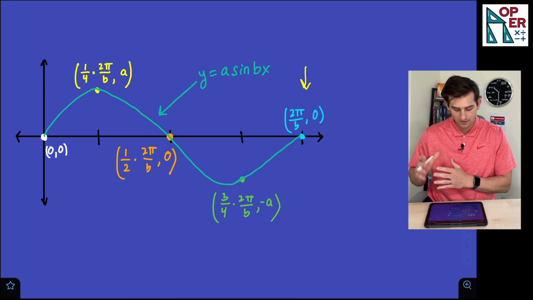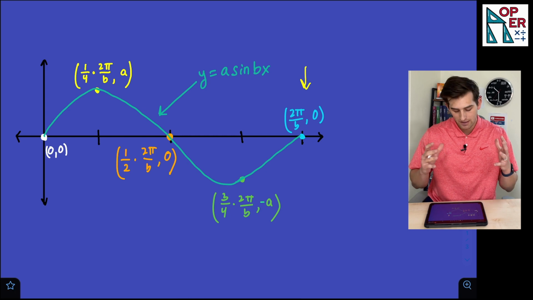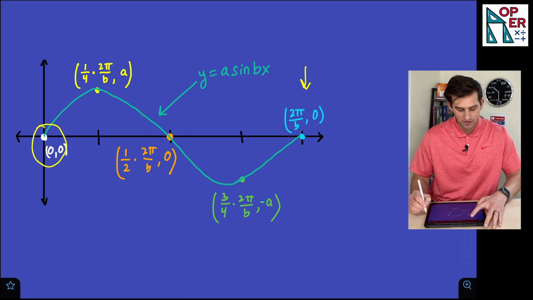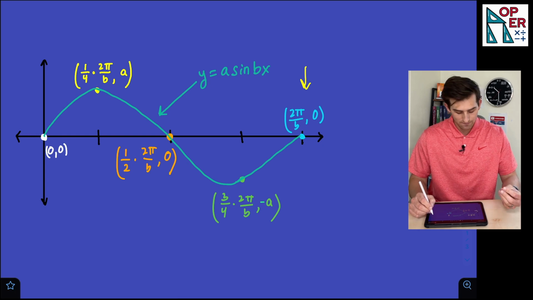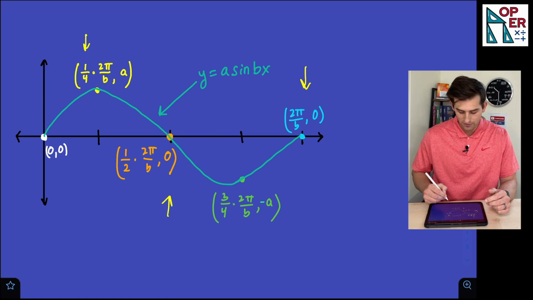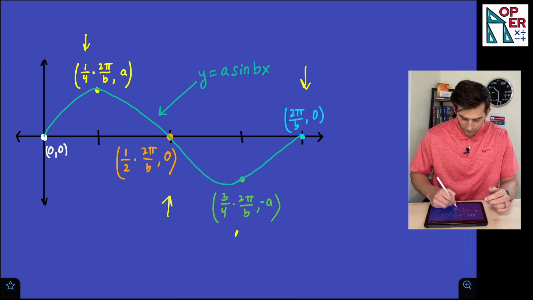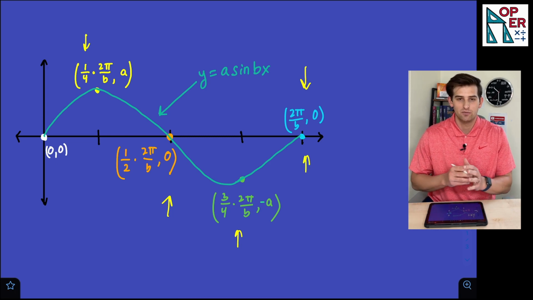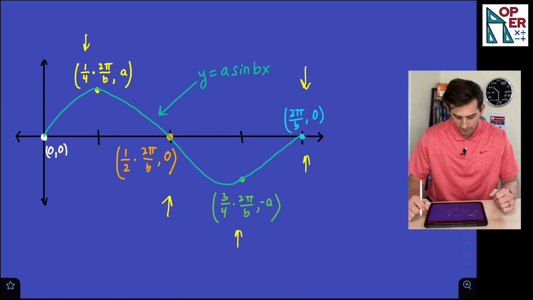So we have our period here at the very end, and we're going to split this into 4 sections. Notice that I have my point at the origin because our sine function goes through the origin. Then we're going to do 1/4 of the period, then half of the period, then 3/4 of the period. And then our last tick mark on our number line would be the length of the period.